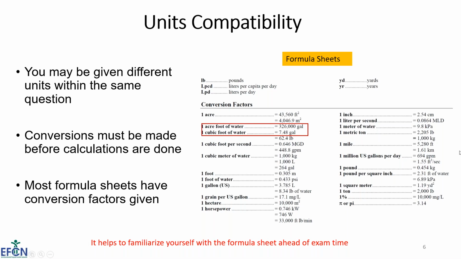A good example is the conversion of cubic feet of water into gallons. When you're looking at your formulas, make sure you know where to find those conversion factors, so that when you're doing math problems, you do not spend so much time looking for it on maybe a 5 or 7 page sheet of formulas.